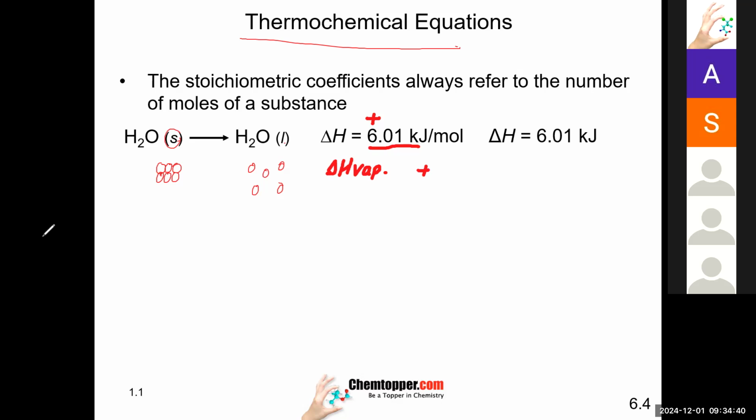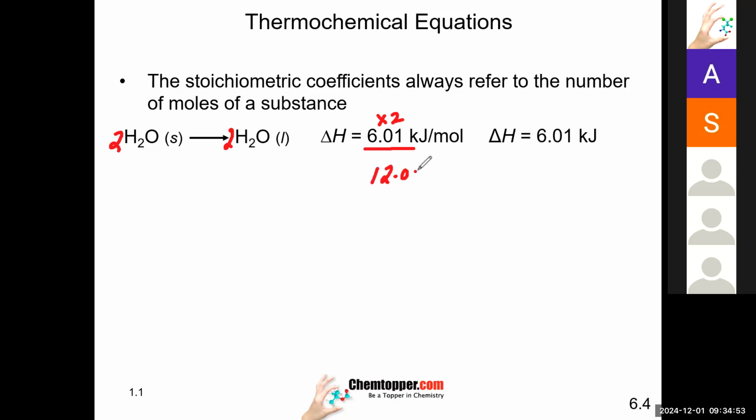If I multiply this equation by a coefficient 2, then this delta H is also going to multiply by 2. In that case, it will be 12.02 kilojoules. Now you're not going to say per mole. Oh yeah, Keshav is right. He corrected me. I said vaporization. Keshav is saying no, it's melting.